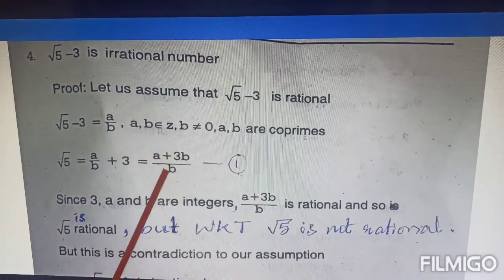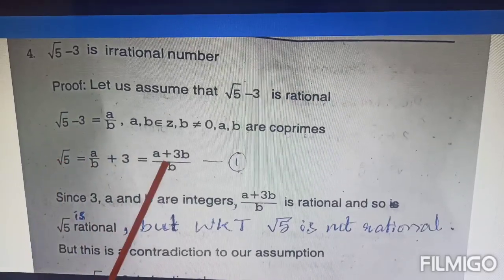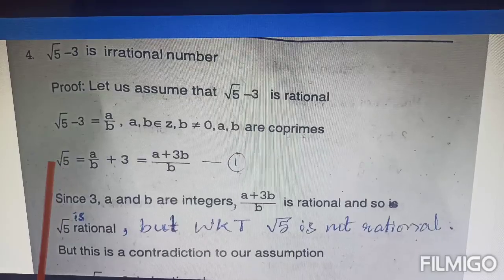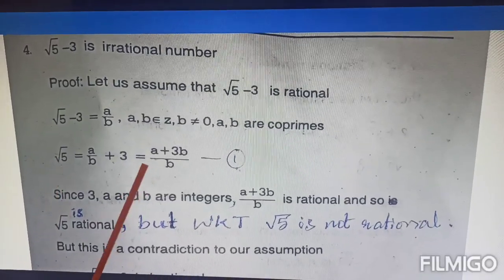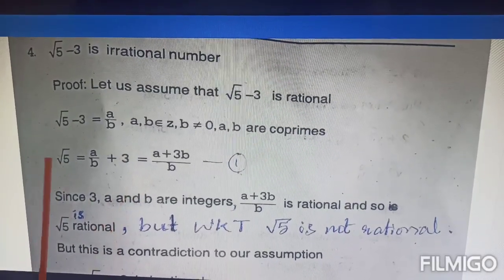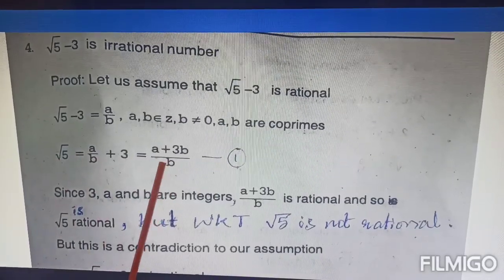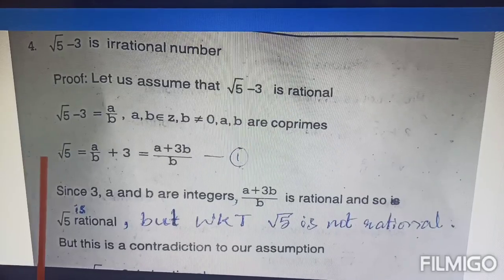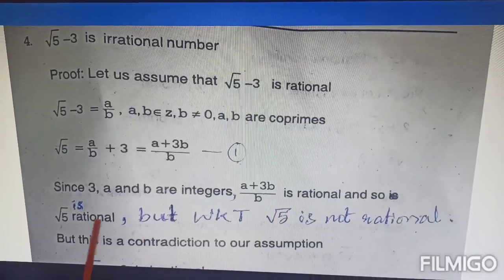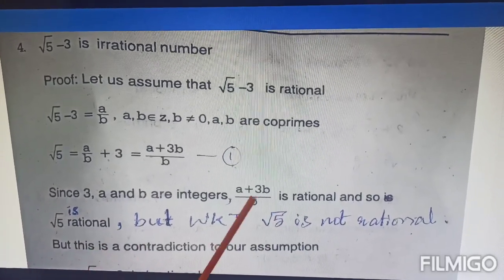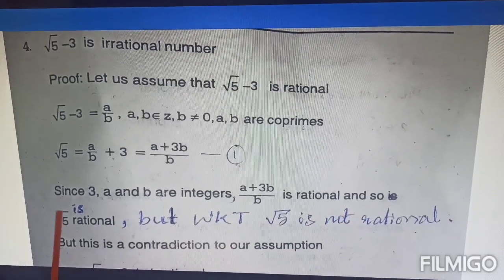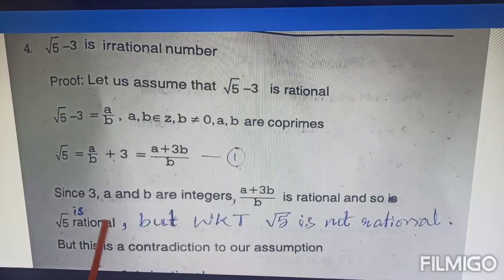On the left side we have root 5, and the two sides are equal to each other. If the right side is rational, then we can say the left side is also rational. So root 5 is also rational.